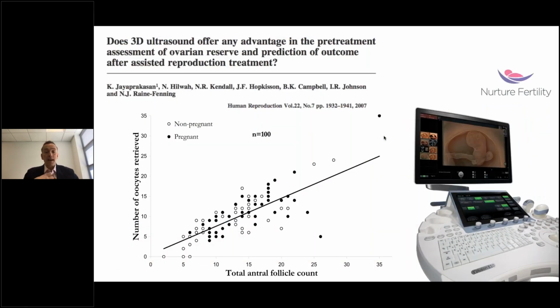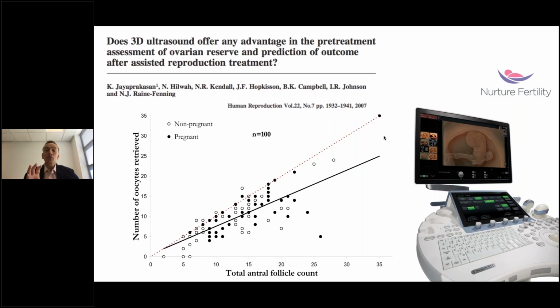I am confident when I scan that we can be pretty sure the antral follicle count is within the right range. And this is why I like it so much. So this is a study we did of about 100 patients. We've now done it on 5,000. And you can see along the bottom, we've got the antral follicle count, and then we've got the number of eggs retrieved at IVF. What we want is 100%. We want 20 follicles to give us 20 eggs, 30 follicles to give us 30 eggs. We don't want 30 eggs, of course.